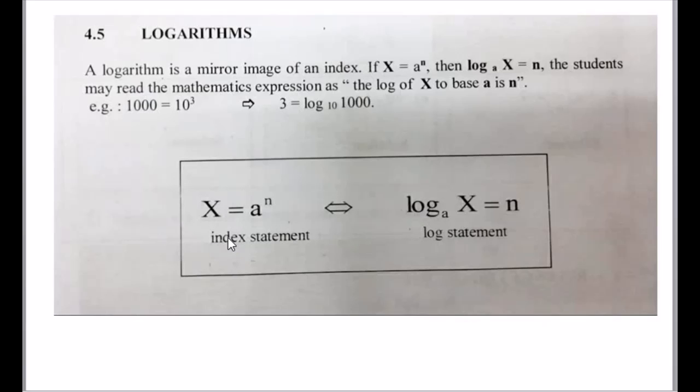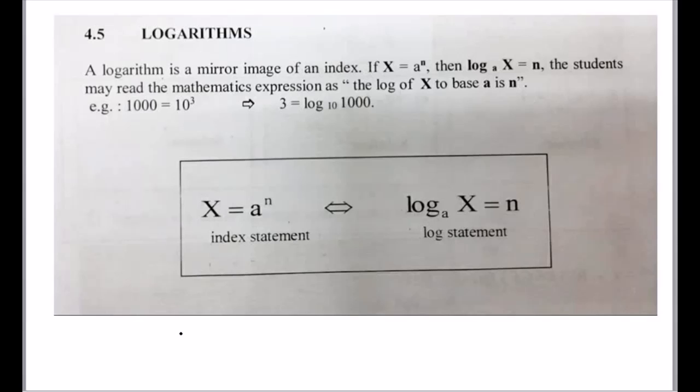First, we have this index statement, and second, we have the log statement. The index statement, if we have x equals a to the power n, is very similar to the log statement: log of x to base a equals n.